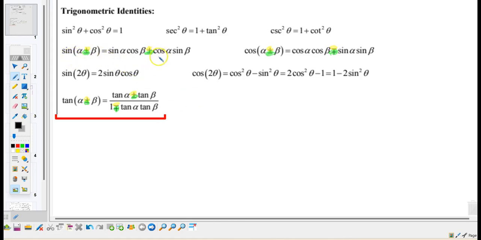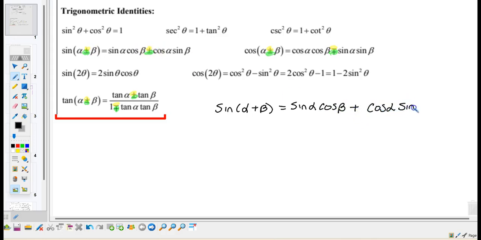So let's write sine expanded out just so we can match up what the symbols are. So sine of alpha plus beta, it's like an A and a B in Greek, is going to be sine alpha cosine beta. This plus goes with the top here, that's a plus.